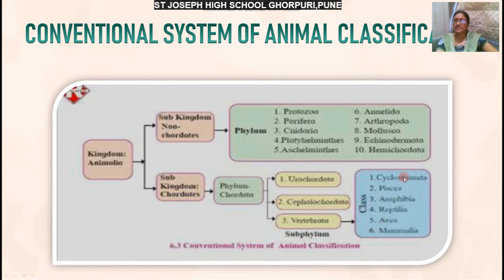The first one is Cyclostomata, second Pisces, third Amphibia, fourth Reptilia, fifth Aves, sixth Mammalia. So this is the conventional system of animal classification. In the next session, we'll be starting with the details of this.